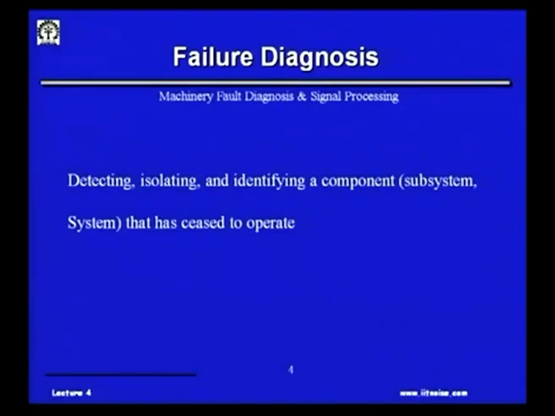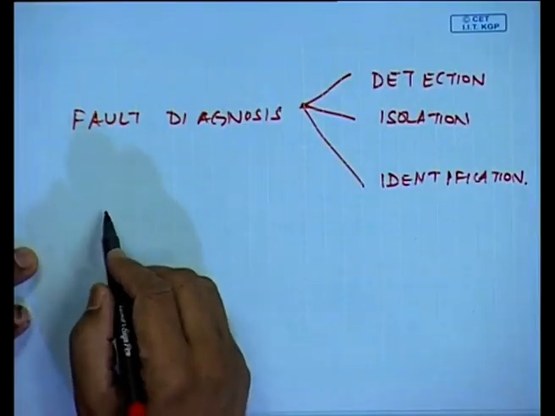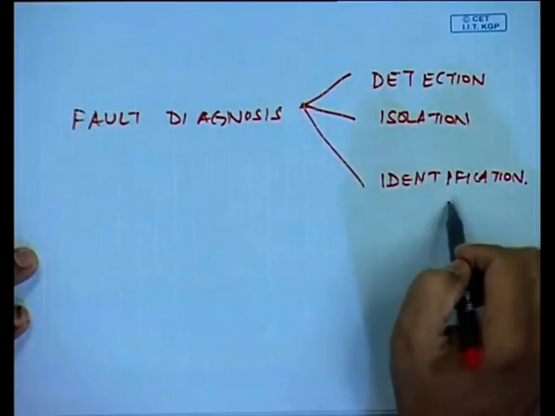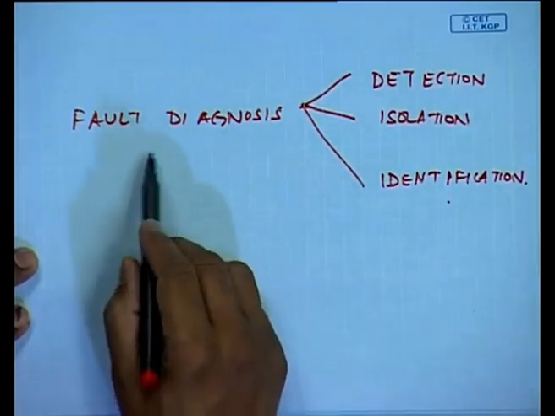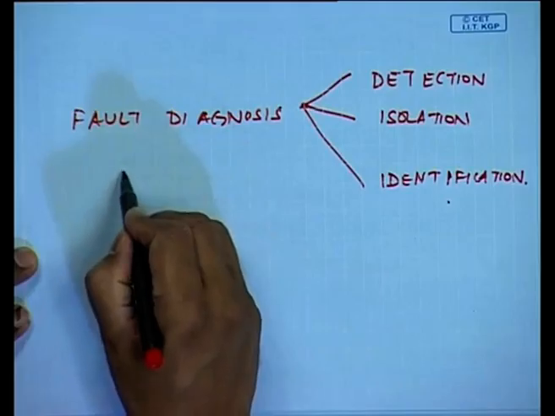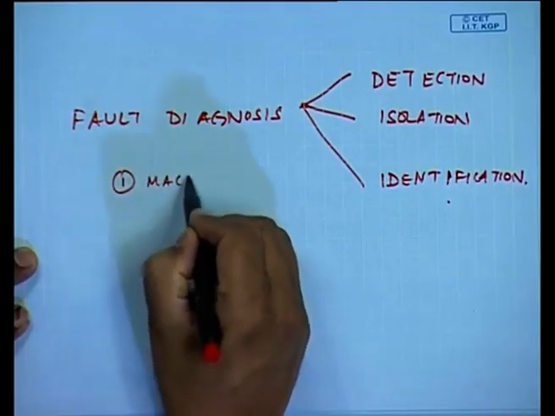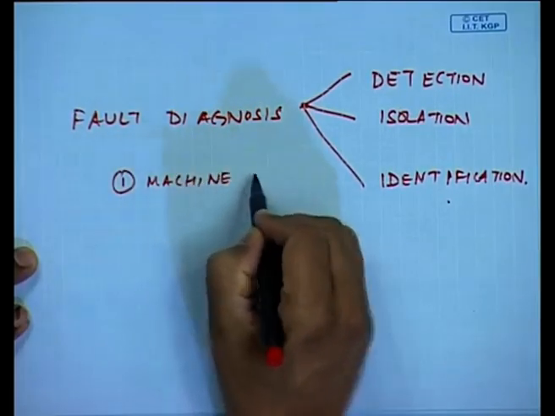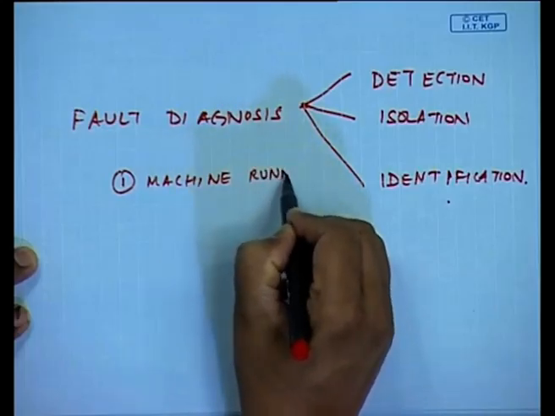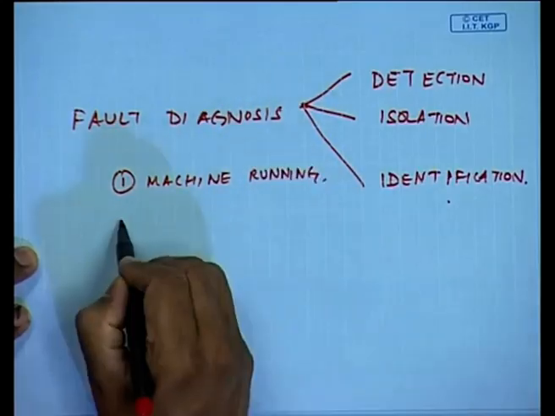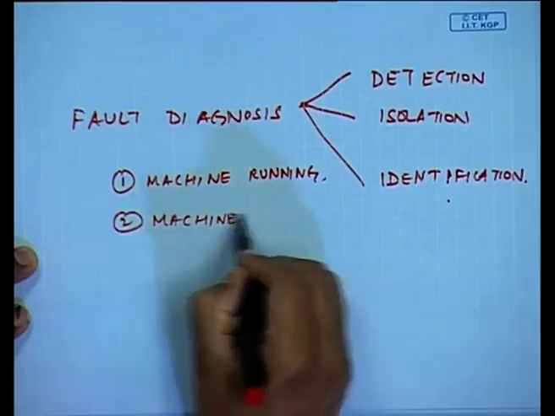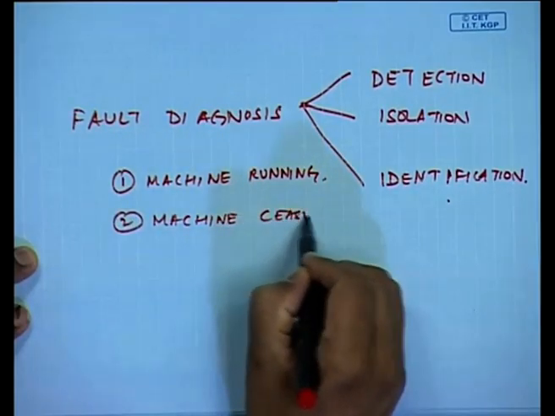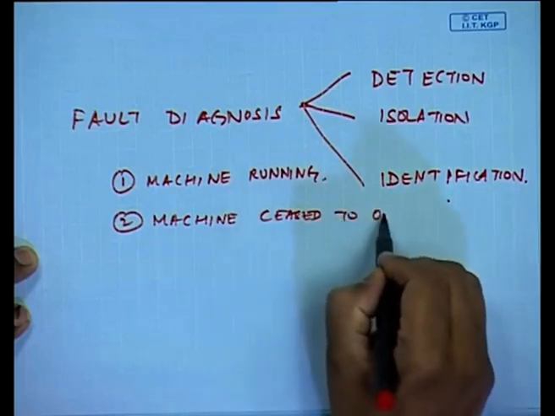Fault diagnosis is also used to detect, isolate and identify a component or system that has ceased to operate. So, in one case we have the machine still running, in another case we have a machine that has ceased to operate.